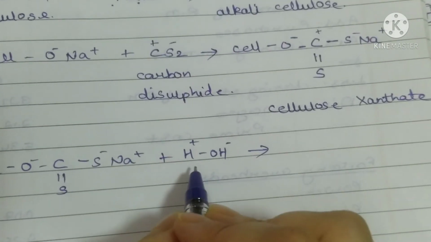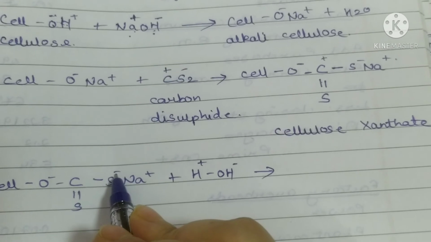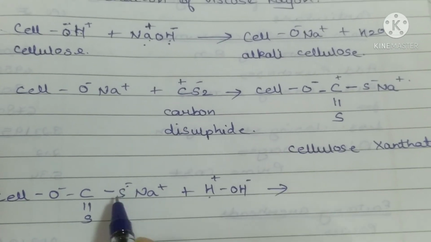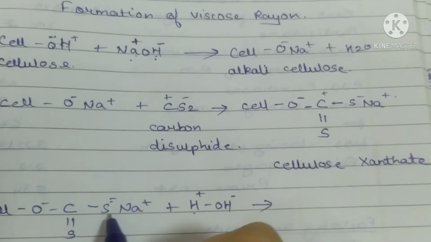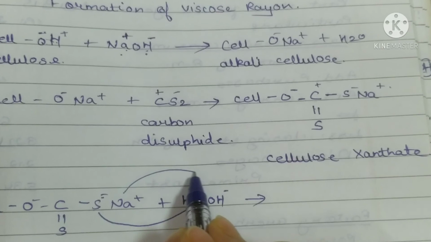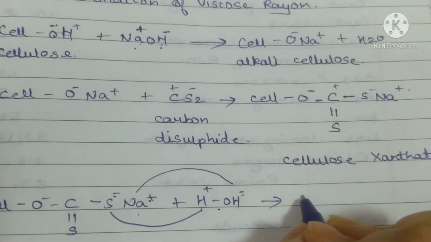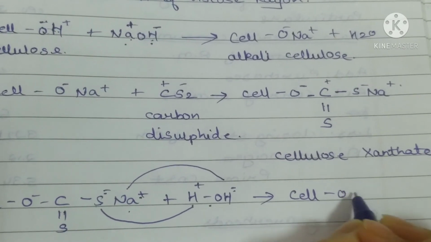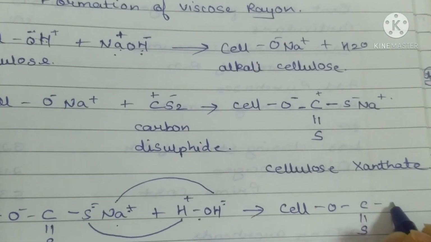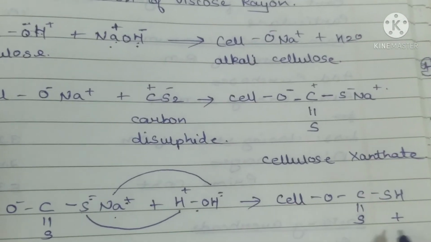So now tell me what will go along with what? S is minus, so it will go along with H here, right? Because S is minus, these both will pair up together, and Na will go with OH because Na is plus and OH is minus. So what you will get is cell O C double bond S SH, plus this Na and OH.